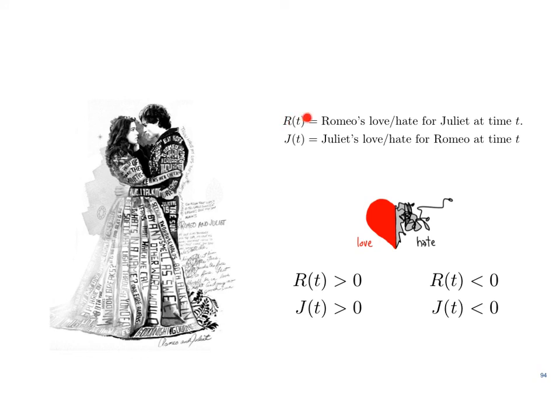If this is negative, it means that the love is not love anymore but hate, so Romeo's hate for Juliet is actually present. And Juliet is the same thing: you have love for positive J and hate for negative J, and this is Juliet's love towards Romeo.